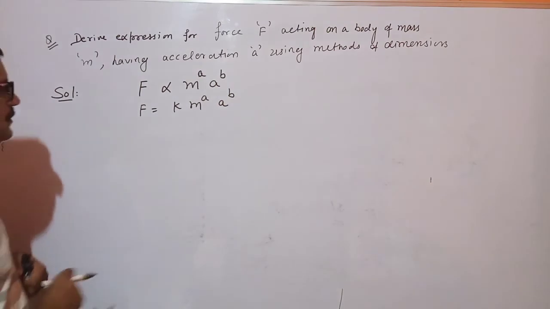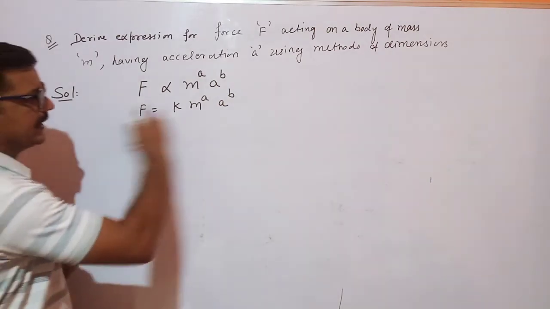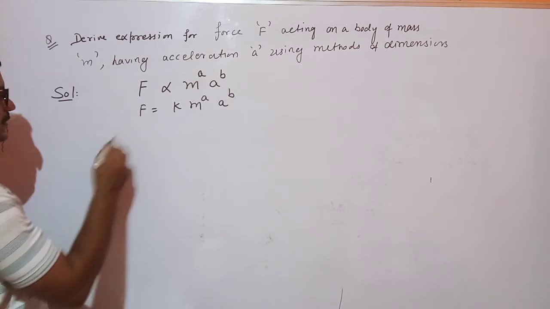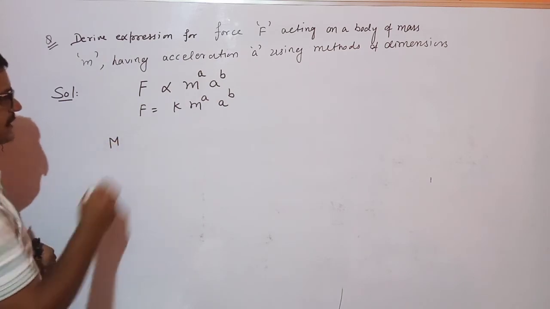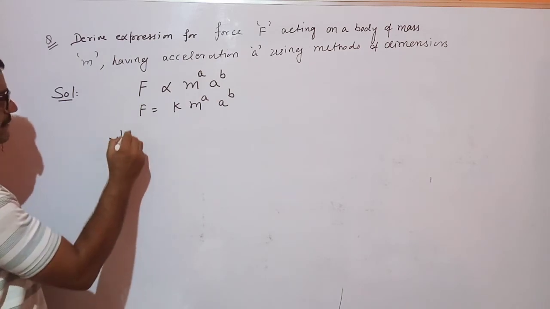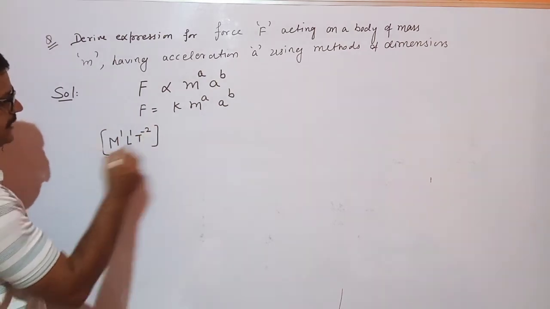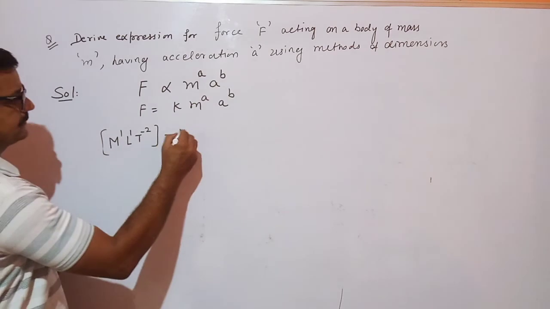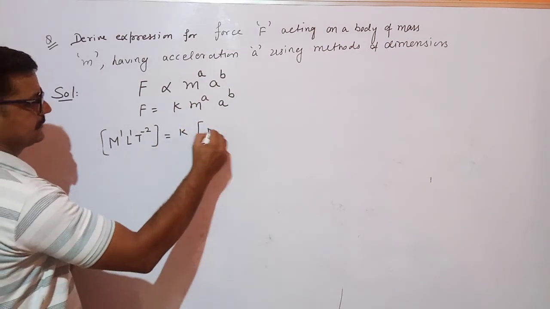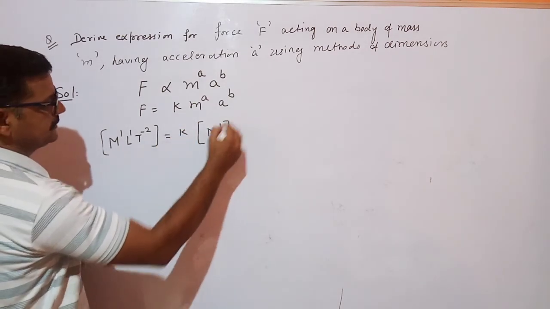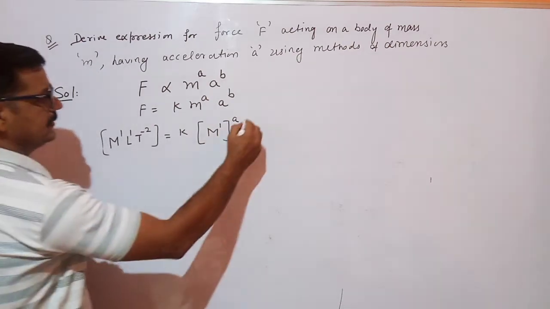Now what we have to do, just put the dimensions of all these quantities, and you know this is our second step. Force has a dimension m power 1, l power 1, t power minus 2, equals k, mass m power 1 whole power a.